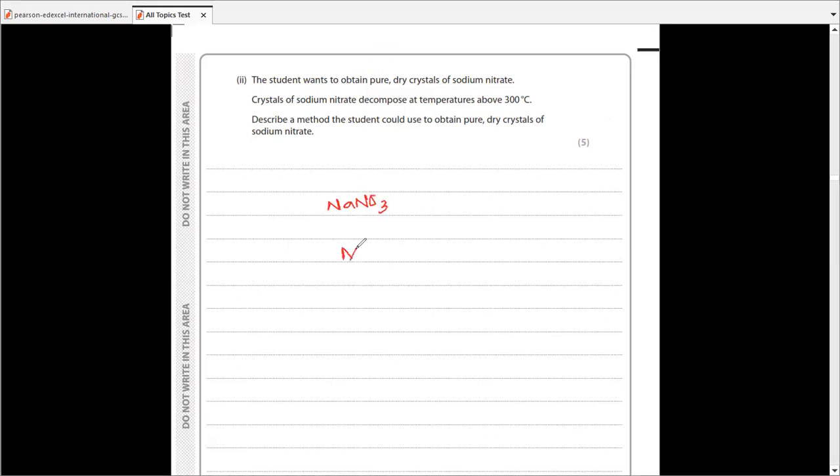If we're talking about a salt which has the formula written along with the water molecules, then after you're done evaporating water and drying the salt, you wash the crystals again in order to give them the water they require to form the whole salt, and then you dry them again. So you dry them twice. You dry them first, you wash them with distilled water, and then you dry them again.